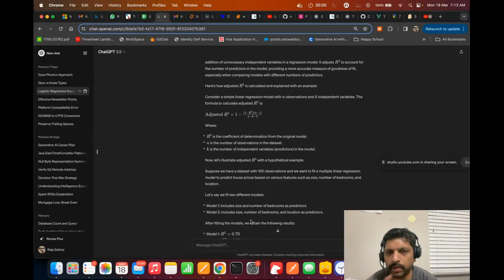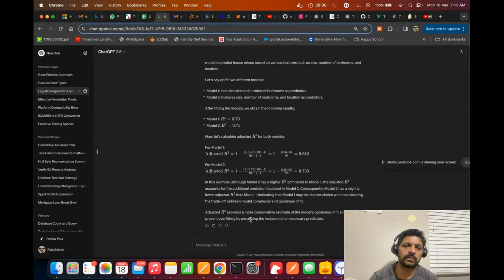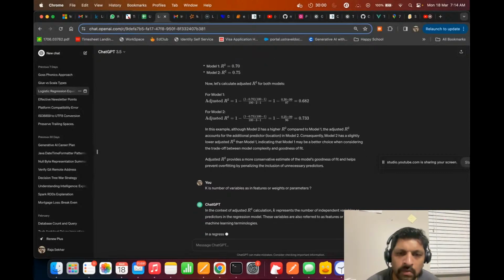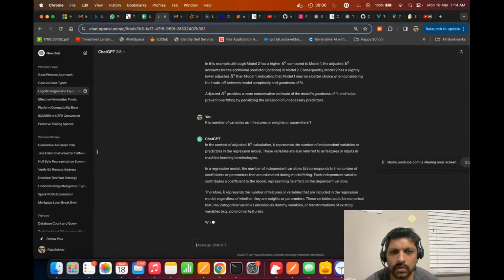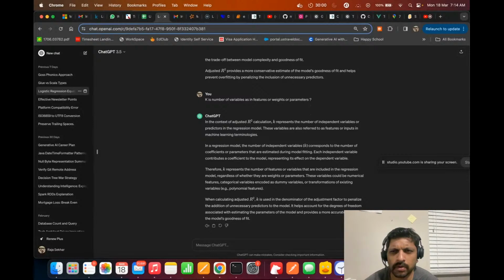The number of independent variables or predictors in the model. In the R square calculation, k represents the number of predictors in the regression model. Features are inputs in machine learning terminology.